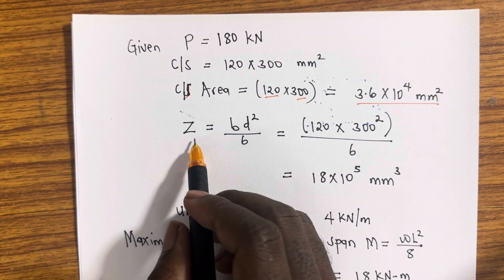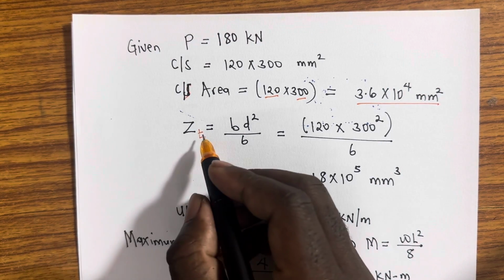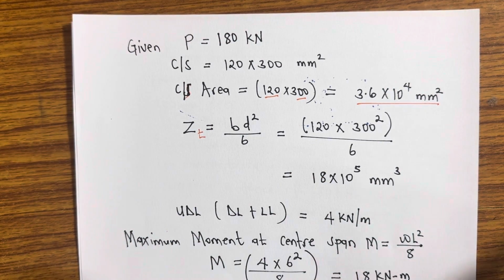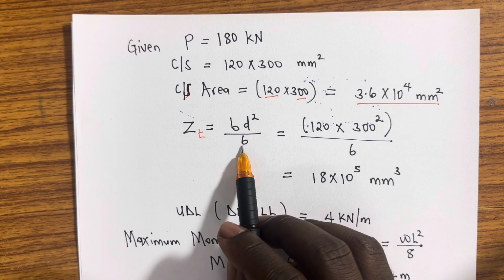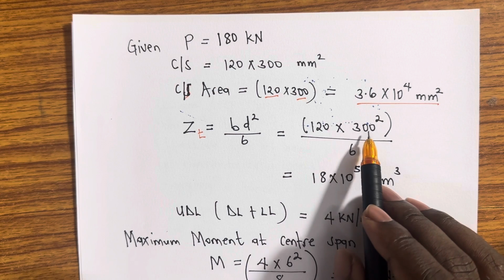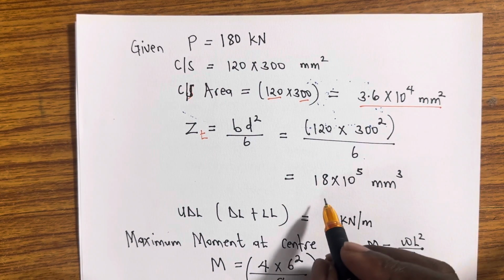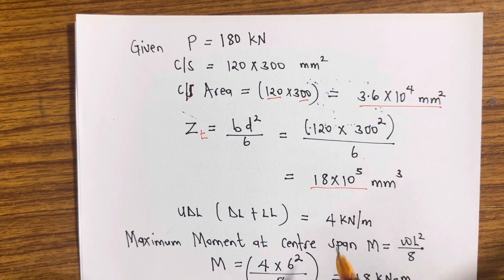Now we can also proceed and get the section modulus Z, whether at the top or at the bottom. In this case, it is the same: b d squared by 6. So this is 120, then our d, which is the depth, is 300. We square it and divide by 6. The answer is 18 times 10 to the power 5.